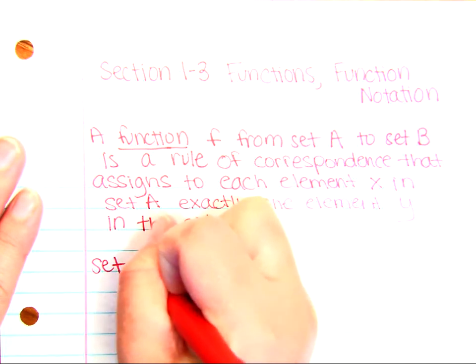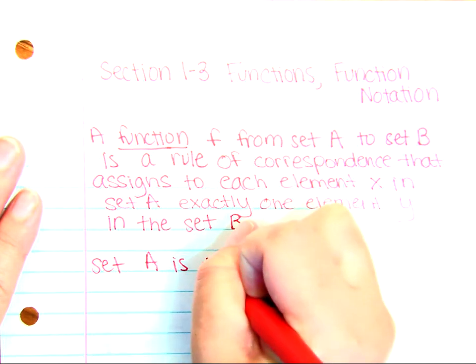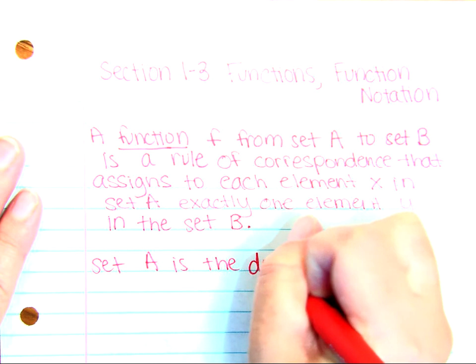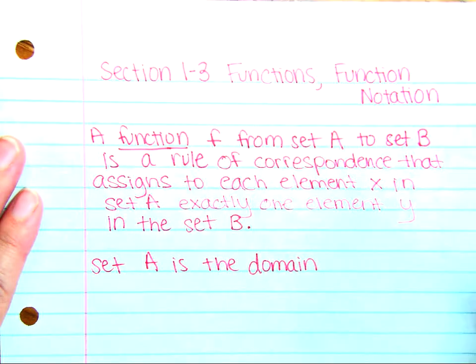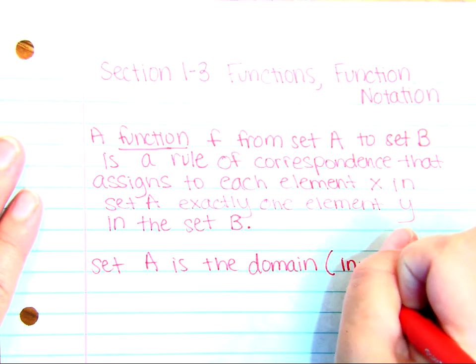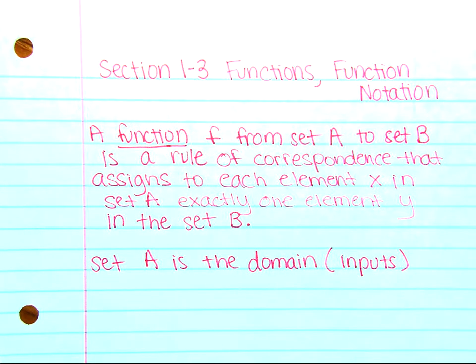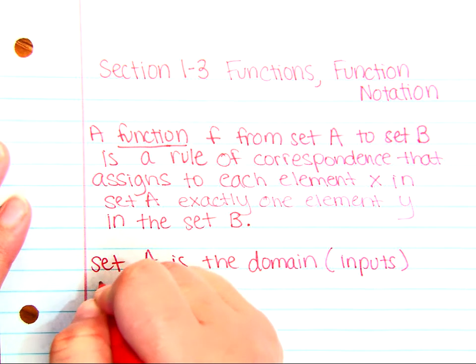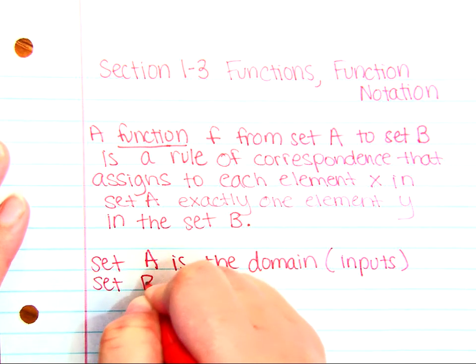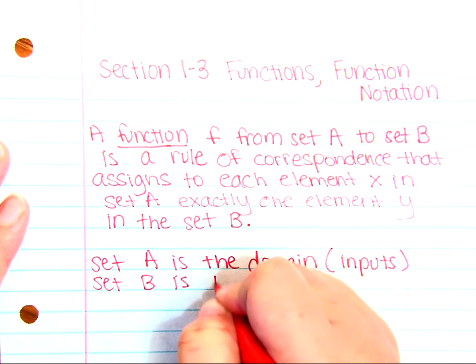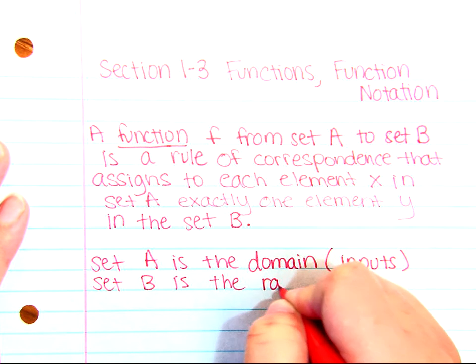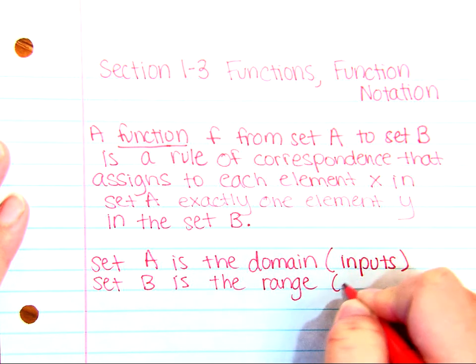Set A is the domain, also known as the inputs. So we use those words interchangeably. We say domain, inputs. Set B is the range or the outputs.